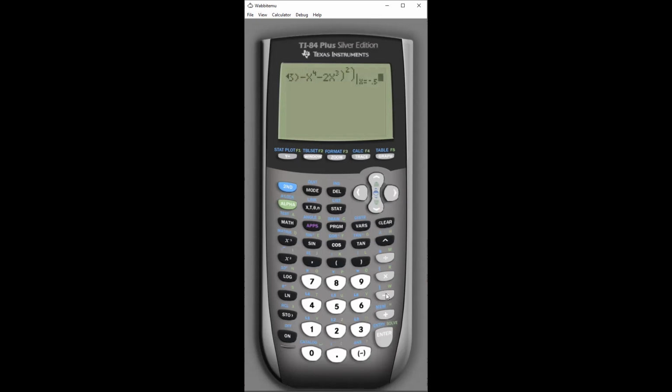And then we must not forget to multiply by 7. So the answer is negative 9.2718.